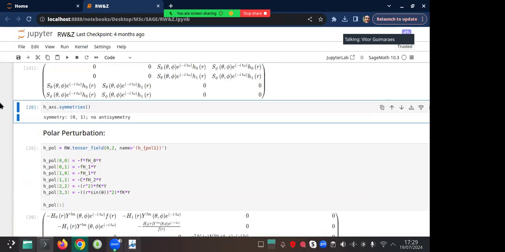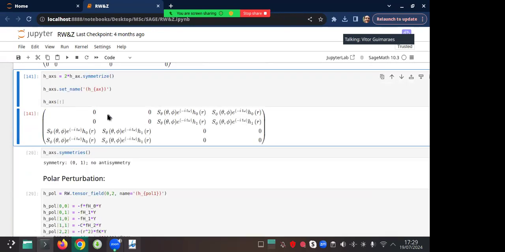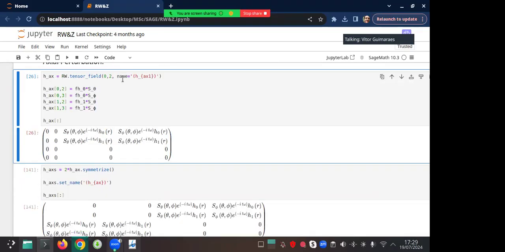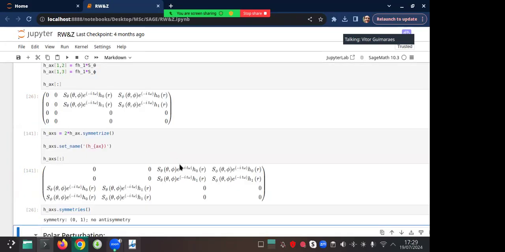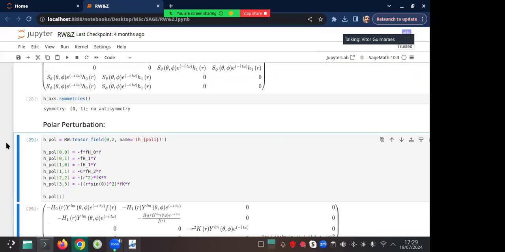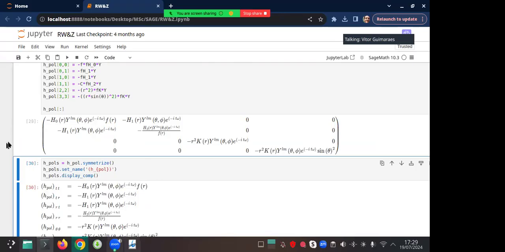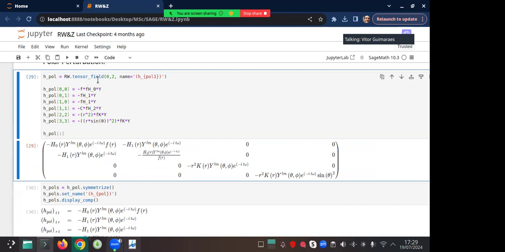So here it is, the matrix form after we symmetrize. We constructed this, symmetrized, and obtained the full odd metric perturbation in the Regge-Wheeler gauge. I'm working already in the Regge-Wheeler gauge in this notebook. So yeah, the polar perturbation will be this matrix, which we constructed term by term here.